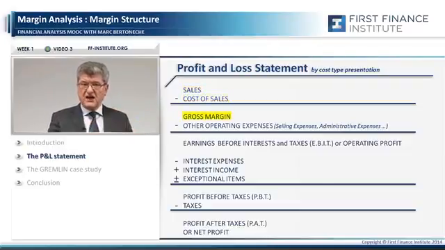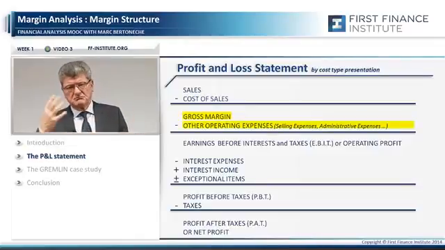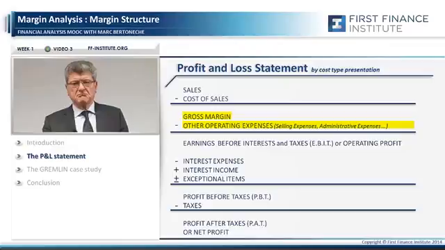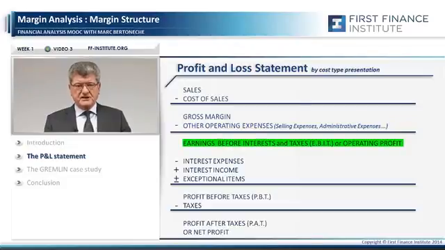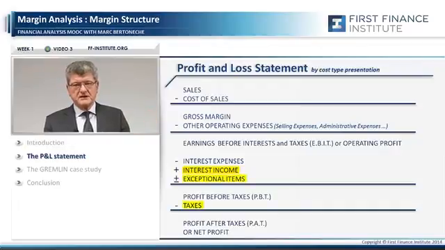Then by deducting the other operating costs, which are not production costs, selling costs, administrative costs, etc., you get to the EBIT, the operating profit. And then by deducting interest and adding financial income and adding or deducting the exceptional items, you get the net profit.